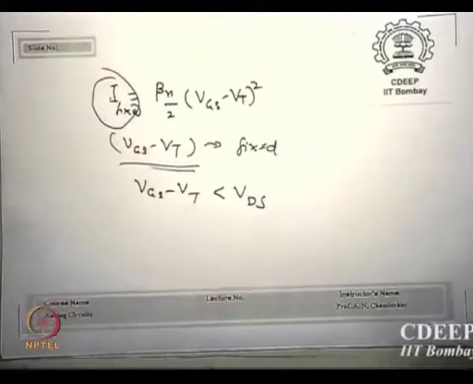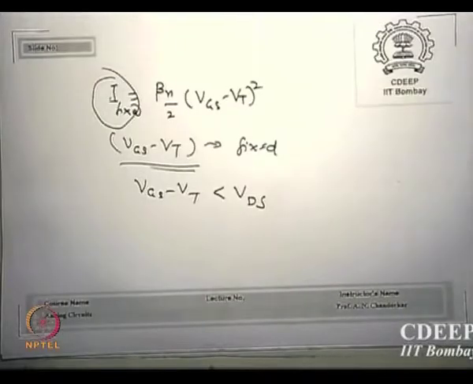Choice of I is such that VGS minus VT is smaller than VDS. So when I fix an active load, which is called a current source, I am actually biasing the device in saturation. The choice of I is mine. Is that correct? The choice of I is mine, which will fix my bias for any transistor.